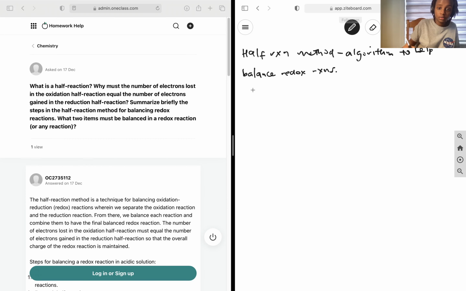And so first, write out your half reactions, so your oxidation reaction and your reduction reaction.